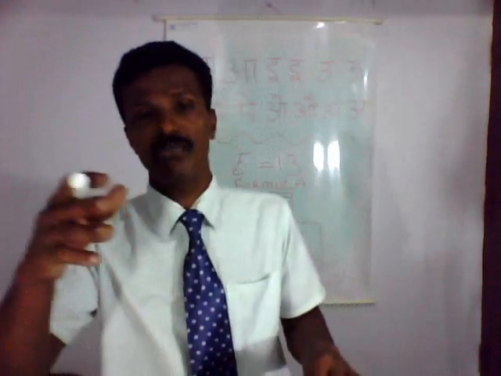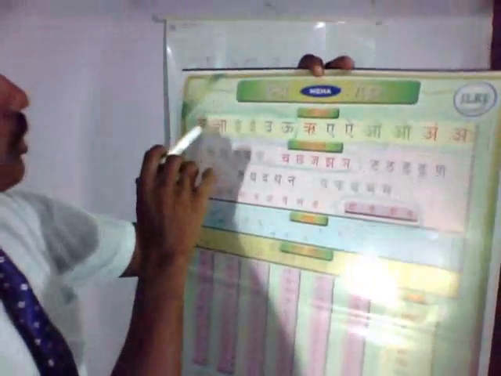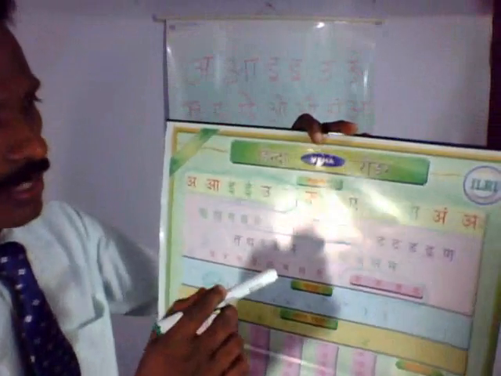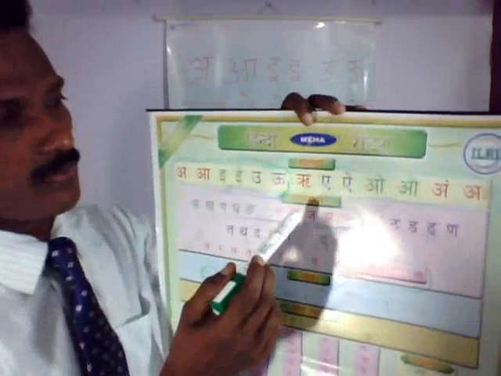So here is how I will define this class for you. There are 13 vowel letters in Hindi, and they can be divided into two groups.